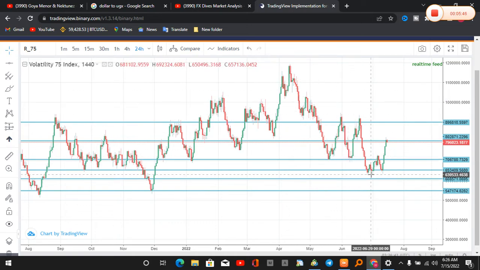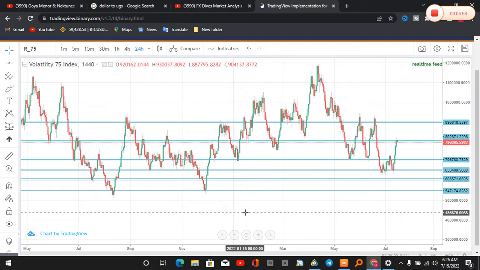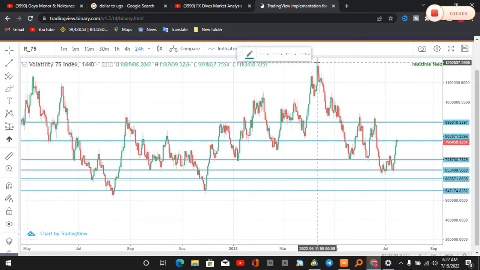It came back down, made the recent lower low, then it pushed all the way to the upside. So the next thing we consider is drawing our support and resistance trend lines. So I'm going to get that for my support and resistance trend line.